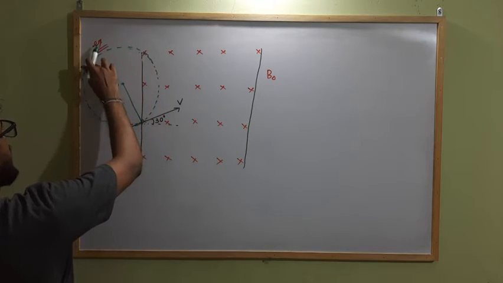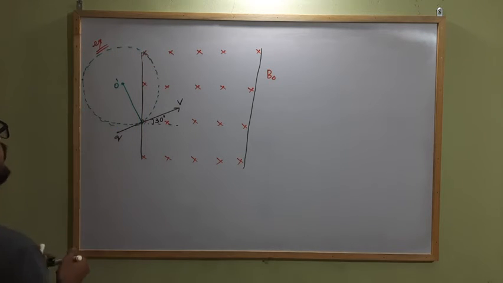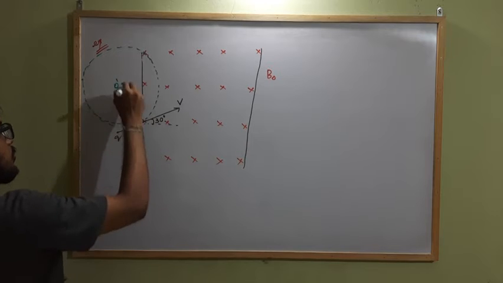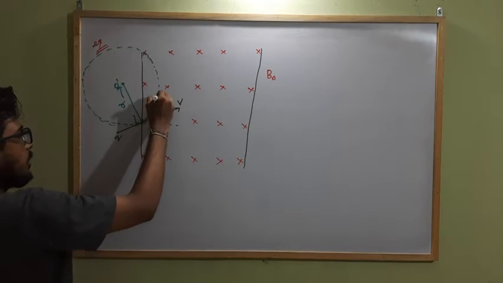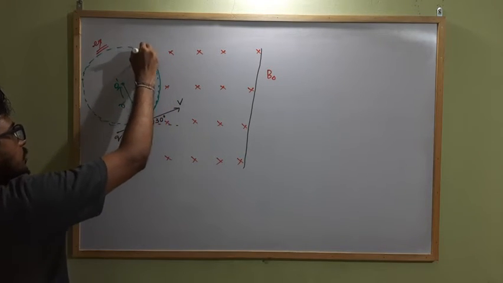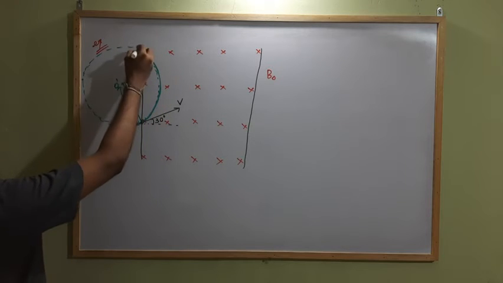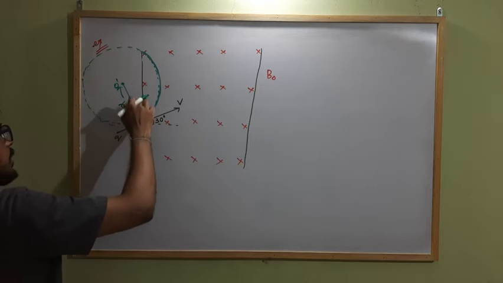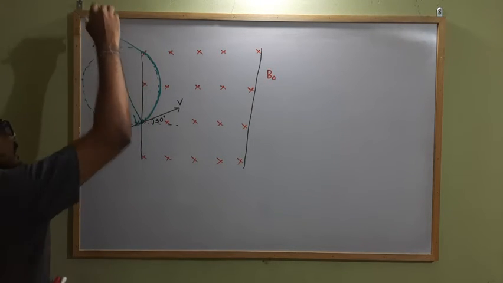So we have to find out the time up to which, with radius r, the charged particle will move in the magnetic field, that will be this path only. Because after that there is no magnetic field, so the charged particle will not revolve along this direction. From there it will move tangentially.